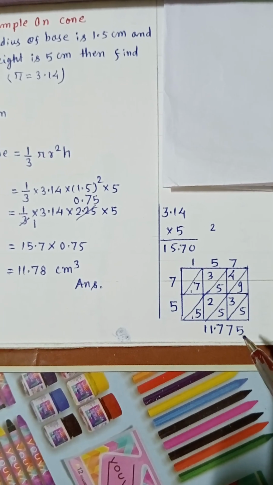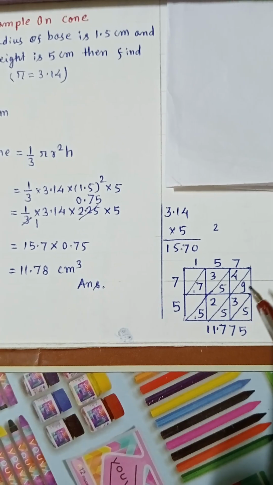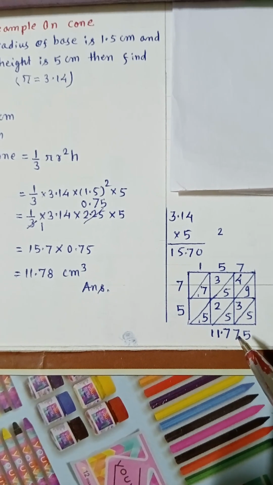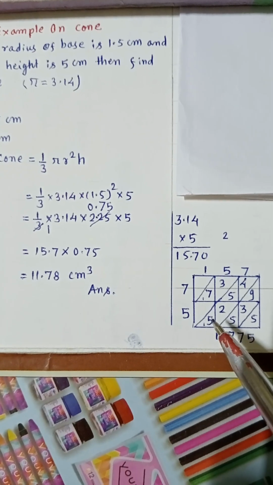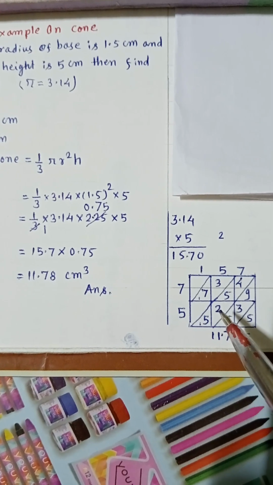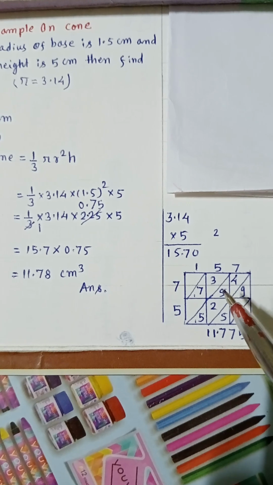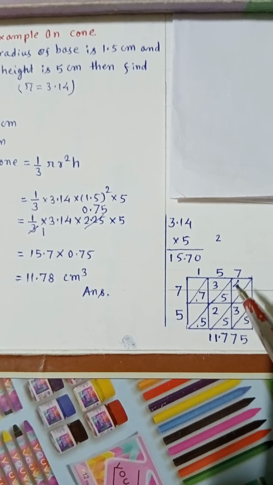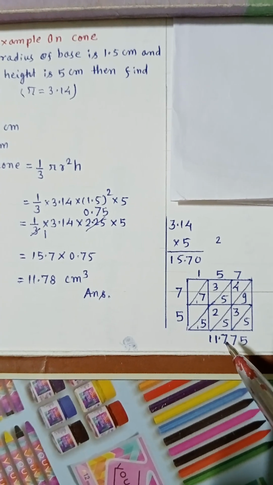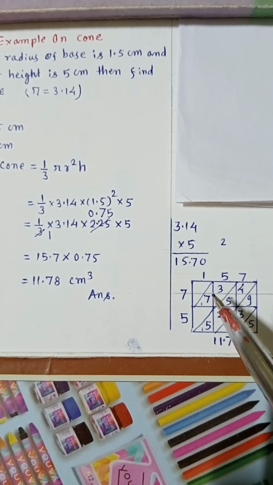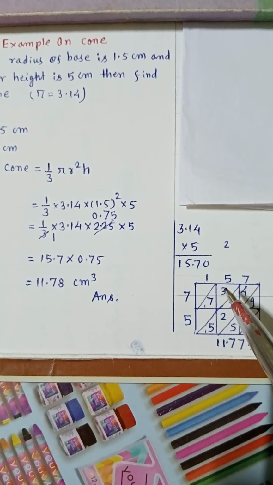Here is 5, 5 plus 3 is 8, plus 9 is 17. We write here 7, carry 1. 5 plus 1 is 6, plus 2 is 8, plus 5 is 13, plus 4 is 17. We write 7, carry 1. 7 plus 1 is 8, plus 3 is 11.